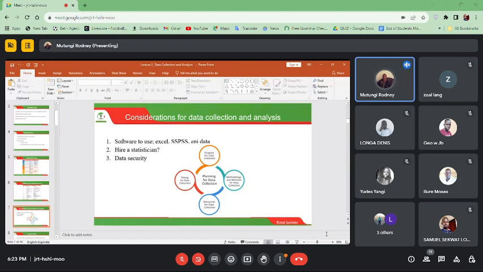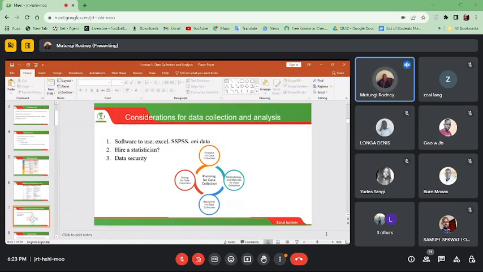So after you've collected data from the field, for example, if you wanted to know the nutrition status of women in a given region in South Sudan, you would collect this data from the target population.